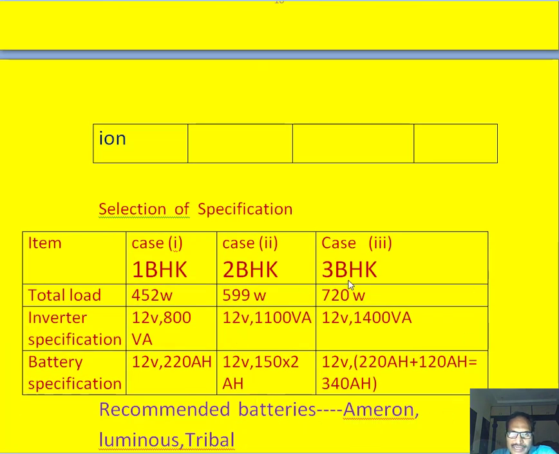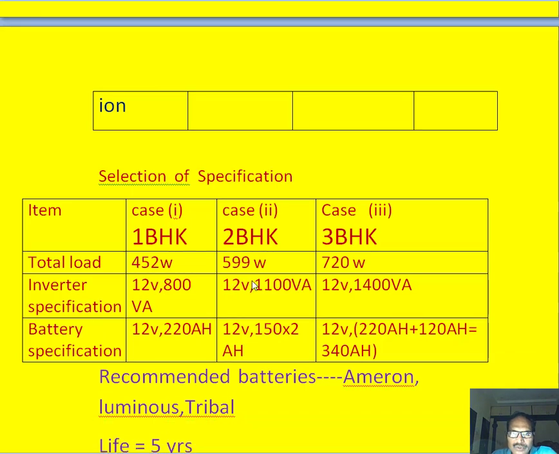If we select from the available inverters and available batteries, for 2 BHK we have to choose a 12 volts 1100 VA inverter, and the battery rating should be a 12 volts 150 Ah battery, but 2 in number, means two 12 volts batteries whose ampere rating each is 150 Ah.